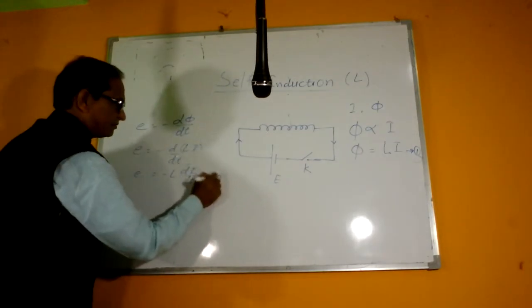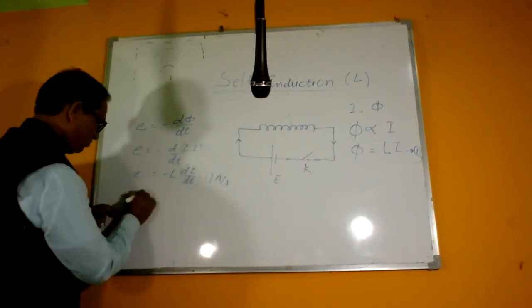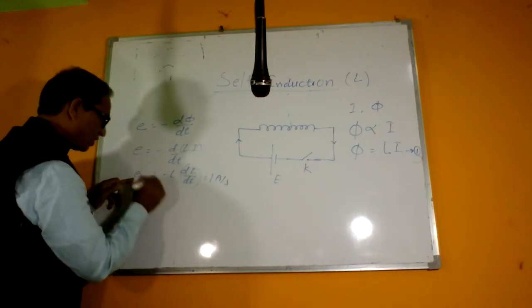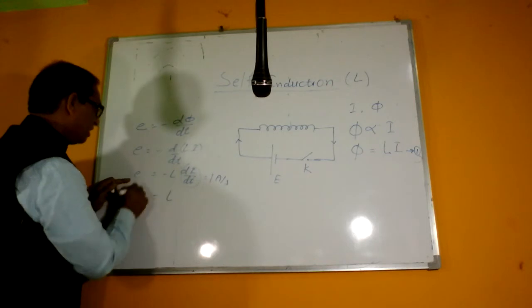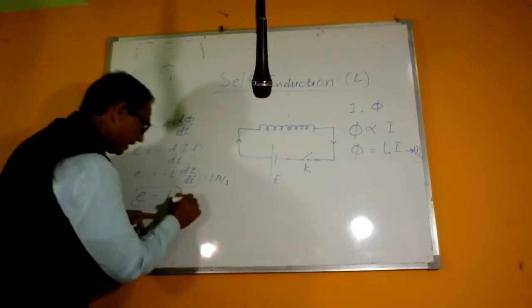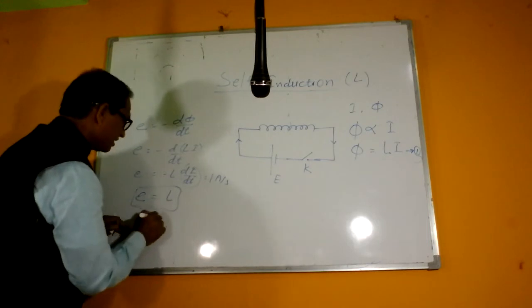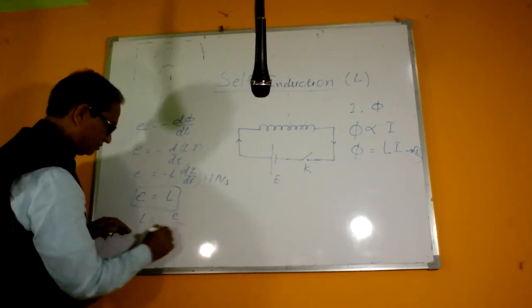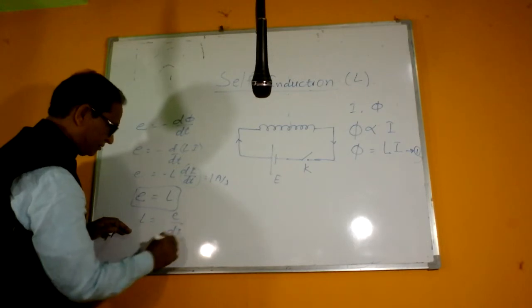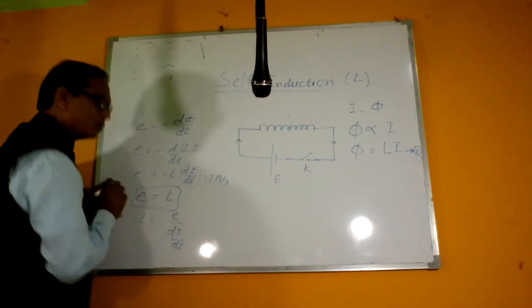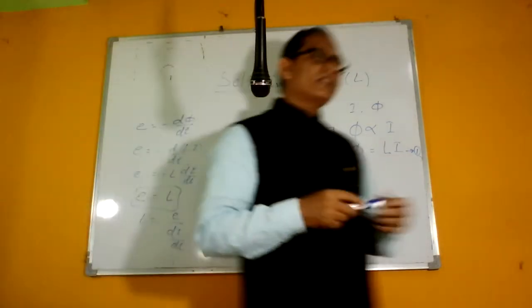Then we get the magnitude of the EMF produced in the coil equal to L. That is, L is equal to E upon di by dt.